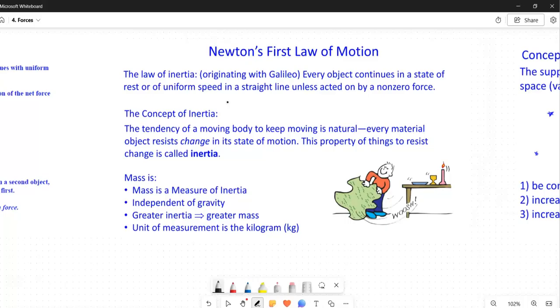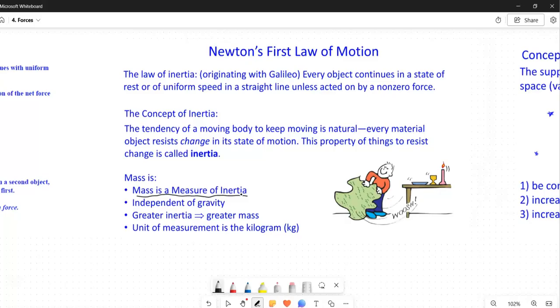And if you need to change its motion, you have to exert a force on it. So the concept of inertia is basically an object's tendency to resist change in its current state of motion. Basically, mass is inertia. Any object that has mass has inertia.